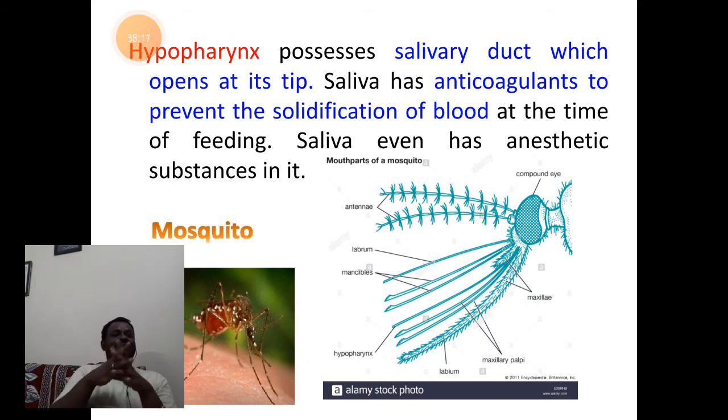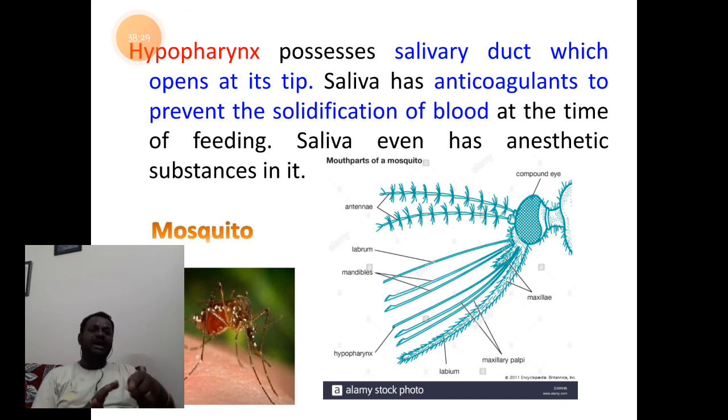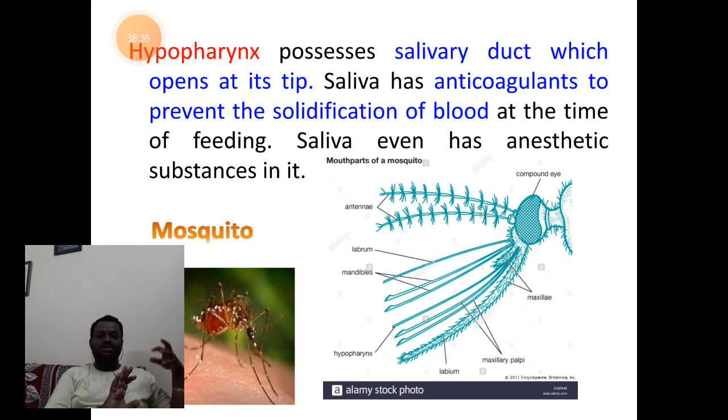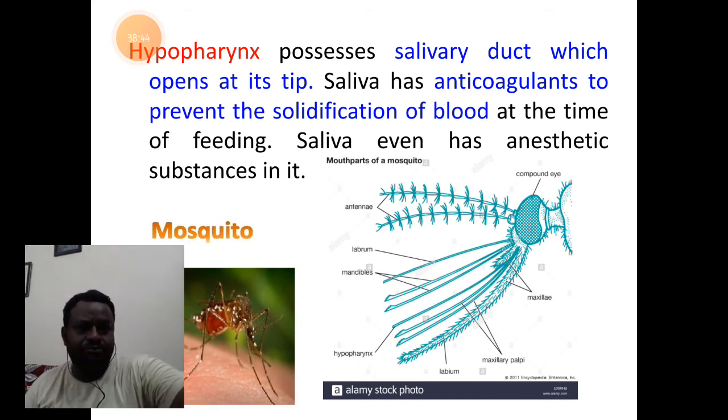So that's the importance of hypopharynx, where the salivary ducts play a vital role. So saliva is poured into the punctured cavity. The puncture is made by the mandibles, and the proboscis will draw the blood, the food of the organism, into its digestive tract.